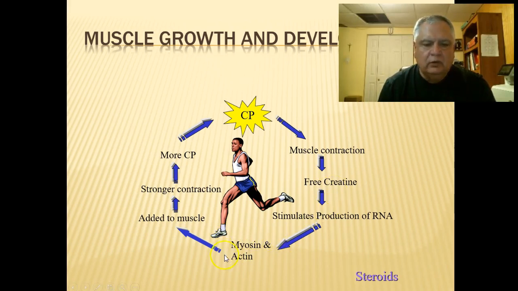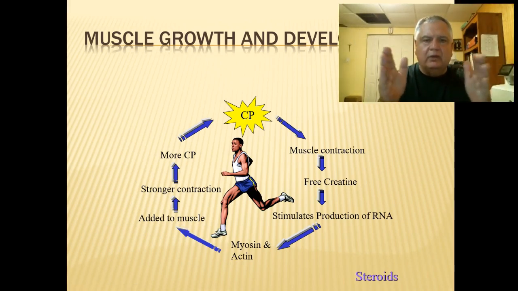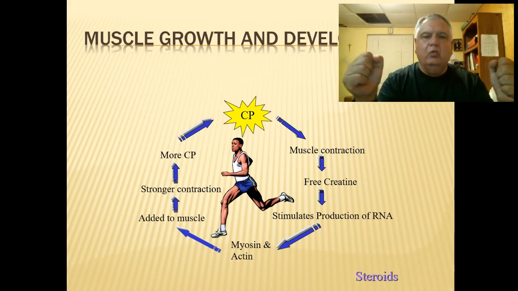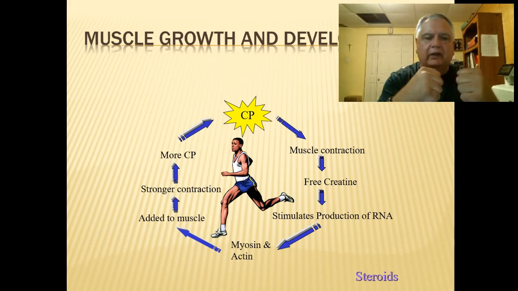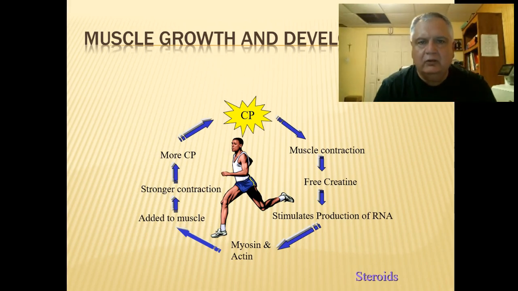So ribosomes will manufacture myosin and actin inside the muscle fibers. The myosin and actin will be added to the muscle fiber. By the way, as actin and myosin are added to the muscle fiber, you now have more pulling elements in the sarcomeres. So when the actin is pulled over the myosin, you can create stronger muscle contractions because you have more pulling elements.